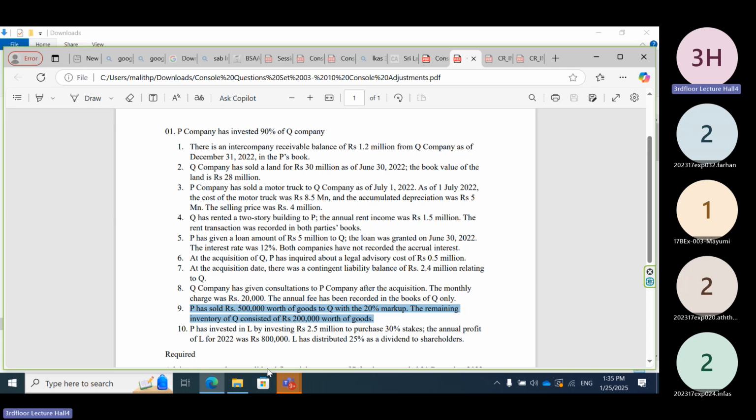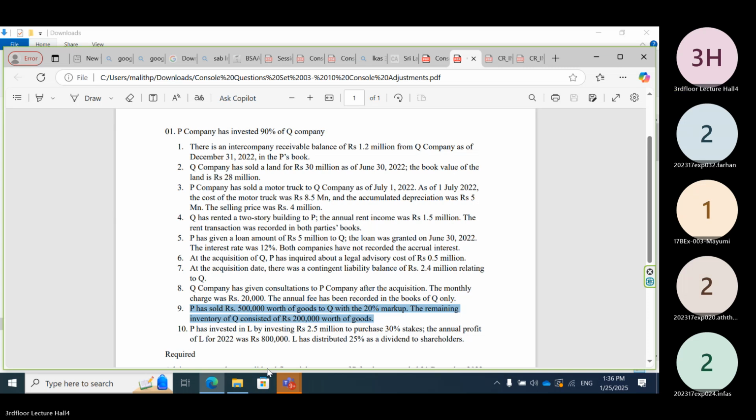20% markup means if your cost of sale is 100, 20 margin, the cost of sale plus margin is 120, or sales consideration. 120 minus cost of sale equals gross margin.